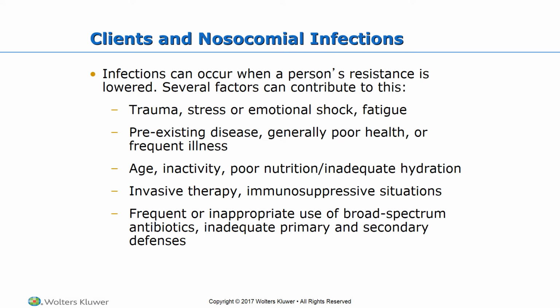Invasive therapies like IVs, like surgeries, Foley catheters, urinary catheters, or immunosuppressive situations like we talked about before with medications to suppress the immune system, chemotherapy, radiation. In some cases, we would be treating a condition by suppressing the immune system.